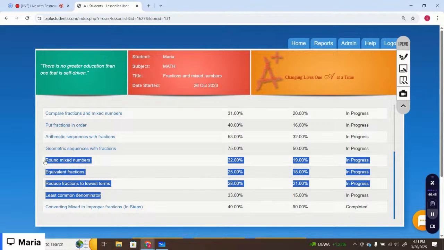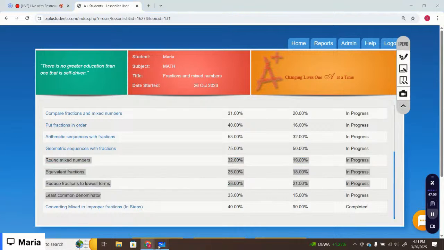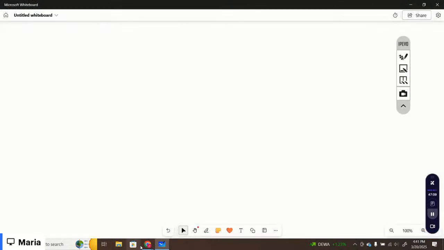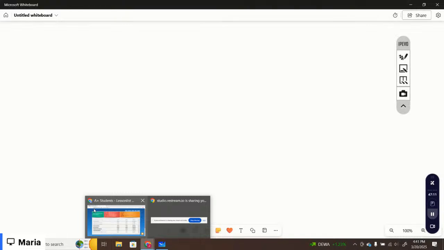The lessons we have covered today are round mixed numbers, equivalent fractions, reduce fractions to the lowest terms, and least common denominator. So please make sure before the next session you complete all the practice questions for the lessons you just did. That is your homework until next session.